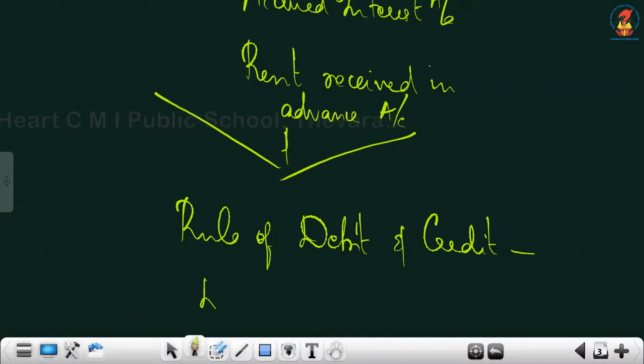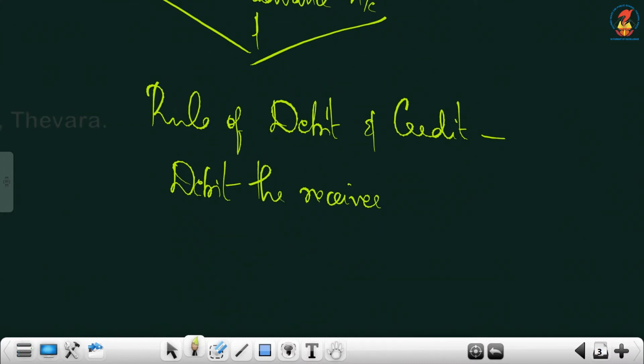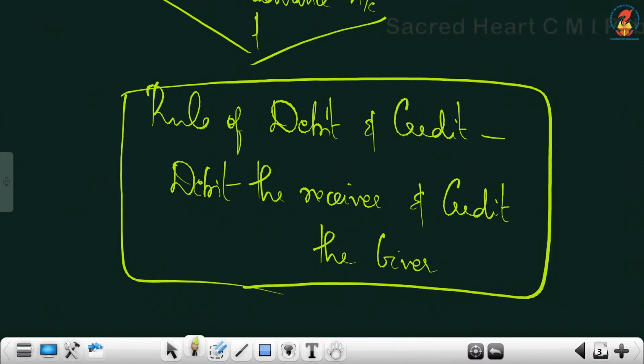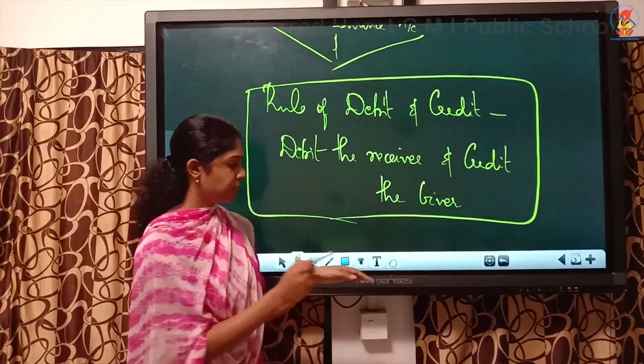The rule is debit the receiver. We need these rules. Based on this, we will be working out problems. So debit the receiver and credit the giver. Write this rule there. Within a box you write. Debit the receiver, credit the giver.